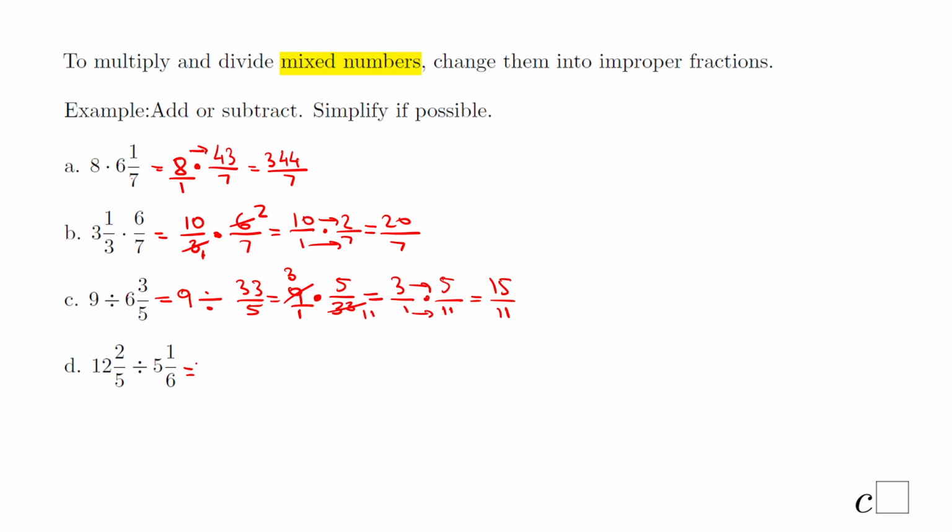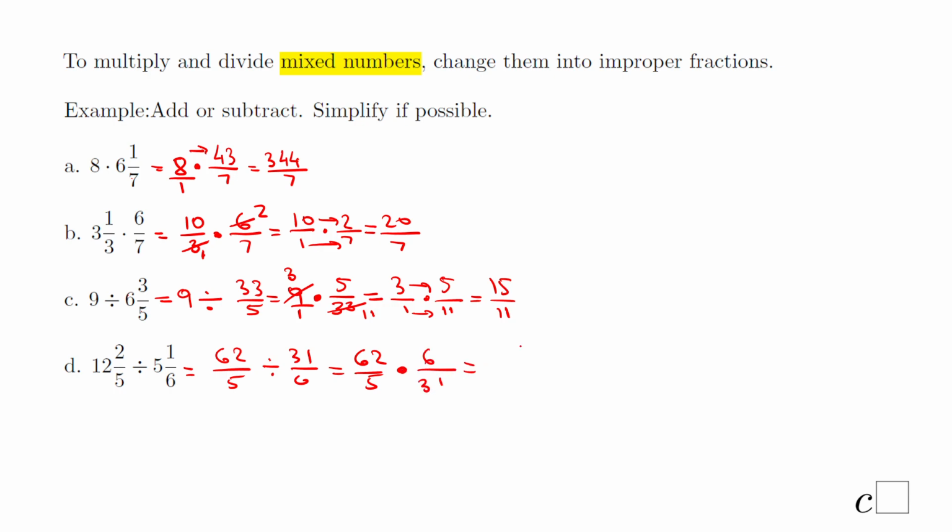this one. Again, we want to change into improper fractions. 12 times 5, 60, plus 2, 62, 62 over 5, divided by 5 times 6, 30, plus 1, 31, 31 over 6. So we're going to keep the first fraction, change it into multiplication, and flip the second one.